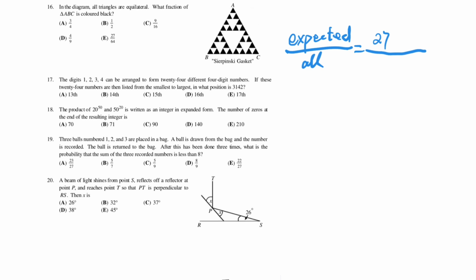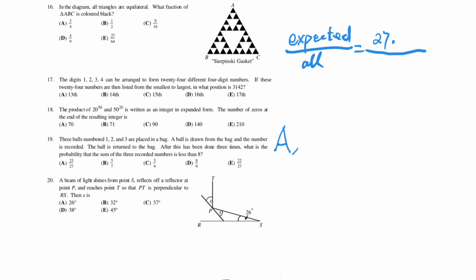Because all triangles are equilateral triangles, we will count what's the area of one black triangle. Because it's equilateral, that's 1, 1, 1. The unit, we use 1, 1, 1. So what's the area of the equilateral triangle?